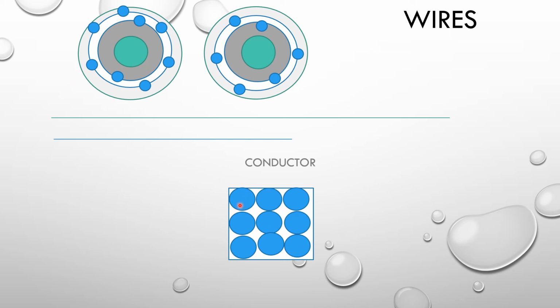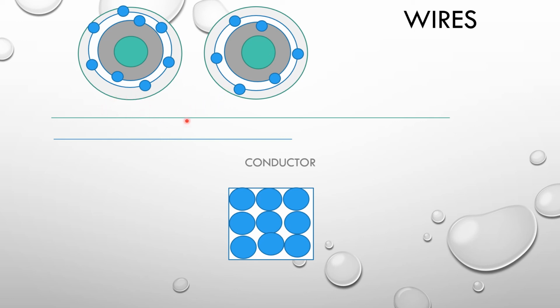Consider a conductor. In this conductor there are many atoms. I have just drawn some of them, but there are many atoms. Taking the case of two atoms, the green sphere is the nucleus. Blue circles are electrons, and these are shells or orbits: nucleus, first shell, second shell, third shell.